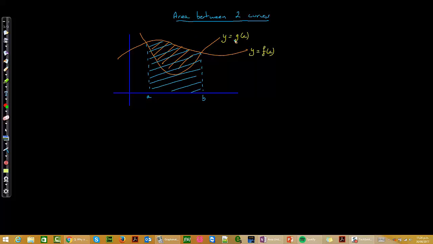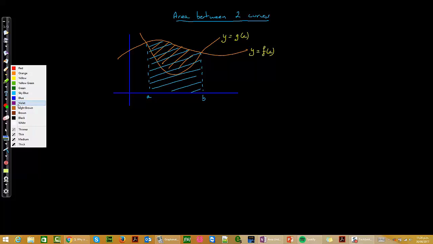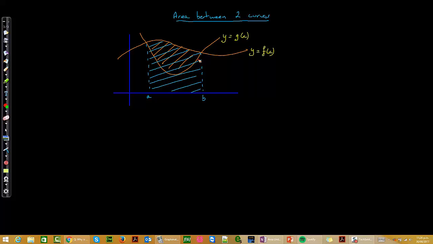And if we get the area underneath function g, let me choose a different color for that, then this will be this area in red.